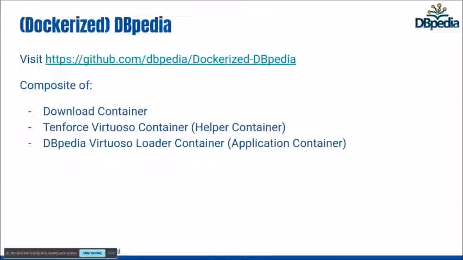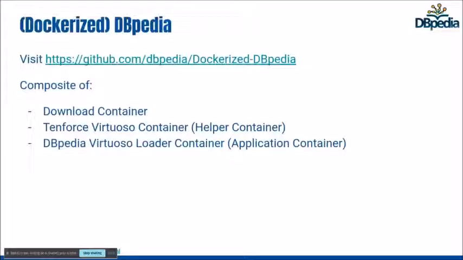So you have the DBpedia HTML pages and the SPARQL endpoint and all that stuff hosted on your server. This is a composite of the download container to pull the data from the databus over the collection, a Virtuoso container, and the loader container, which is the application container, which coordinates the process between the downloading and the loading to the Virtuoso.